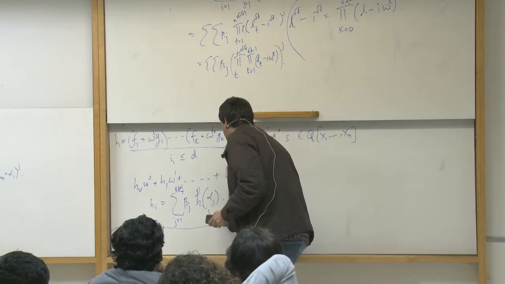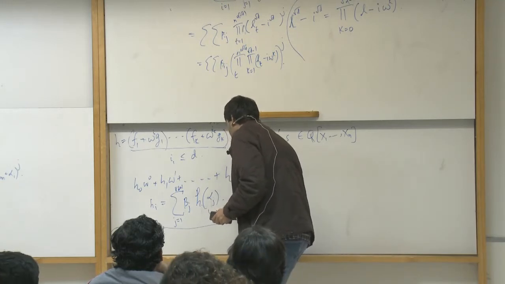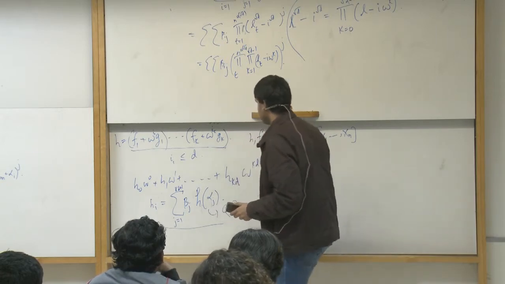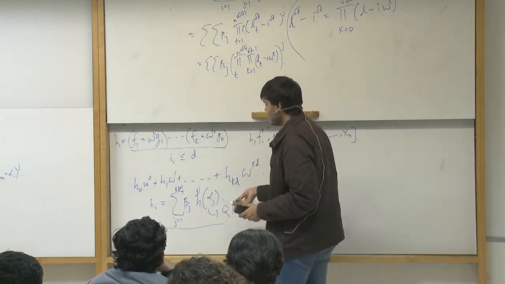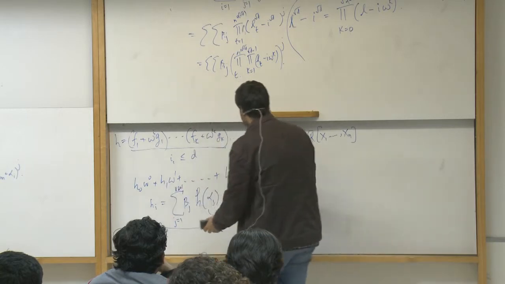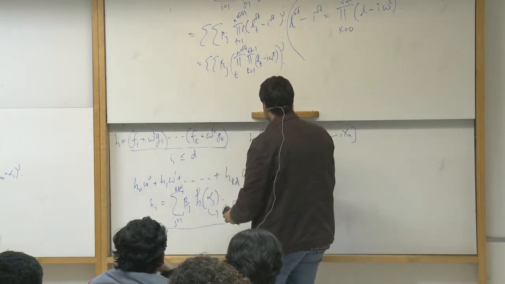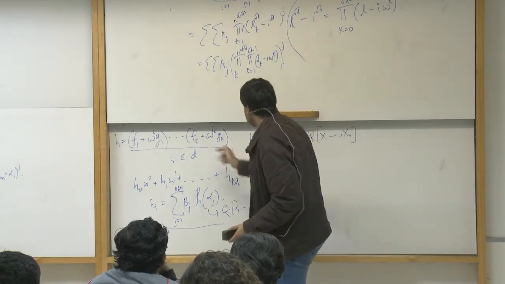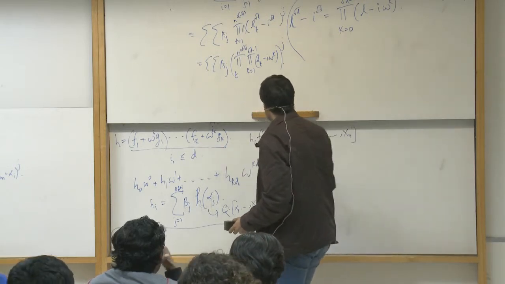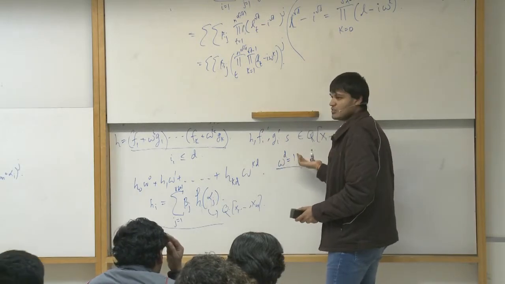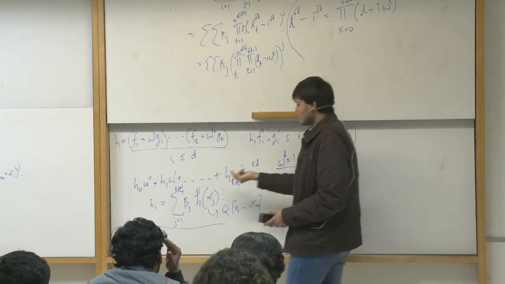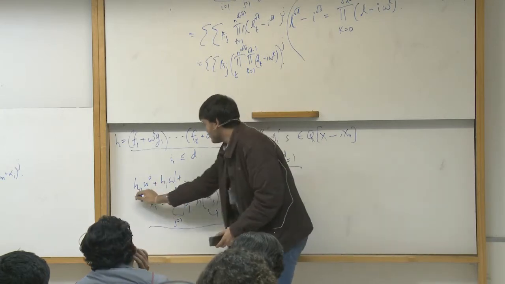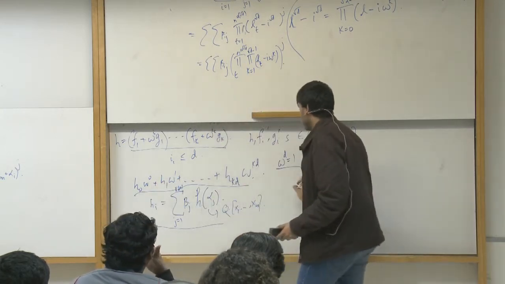So note that you have eliminated the root of unity. The only thing is that because this is a d-th root of unity, it satisfies omega to the d equals 1. So this term will be simplified.